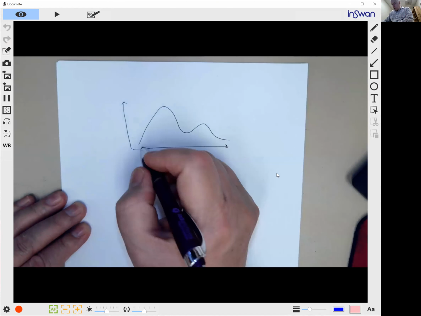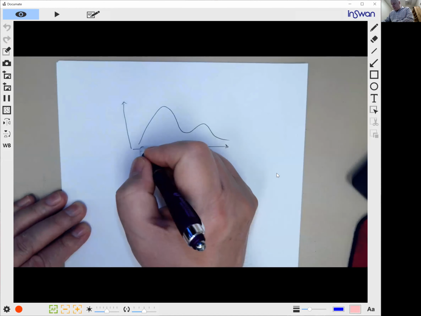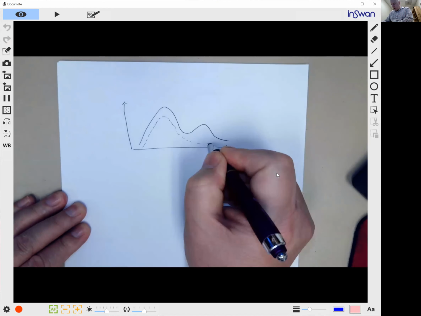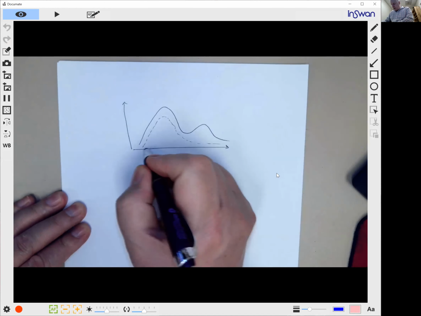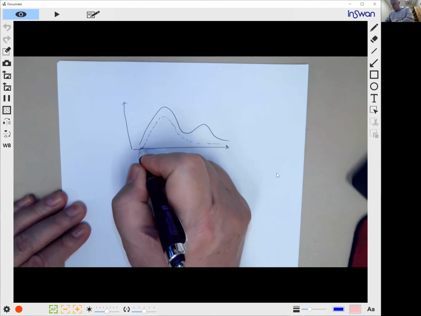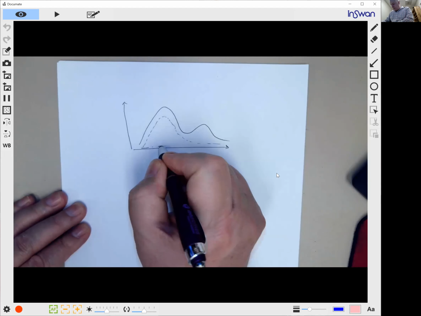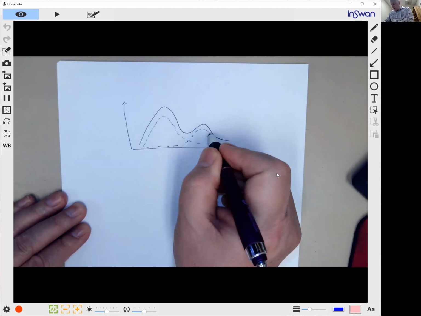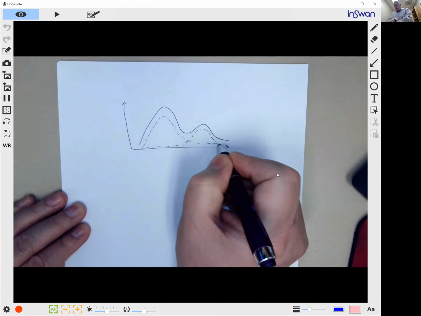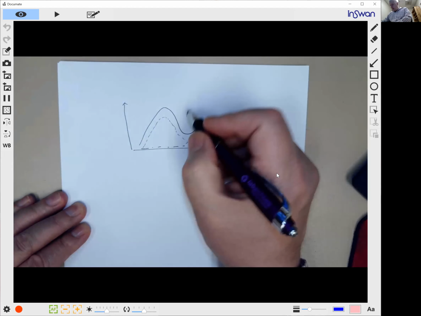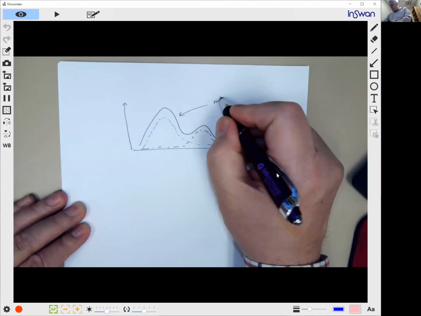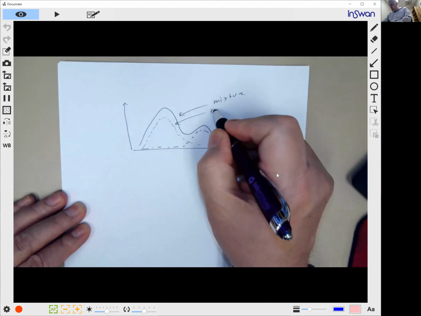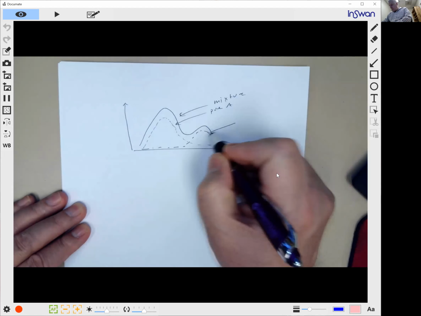Then we've got a standard that looks like that, and a standard that looks like that. This is our mixture. Let's say this is our pure A, and this is our pure B.